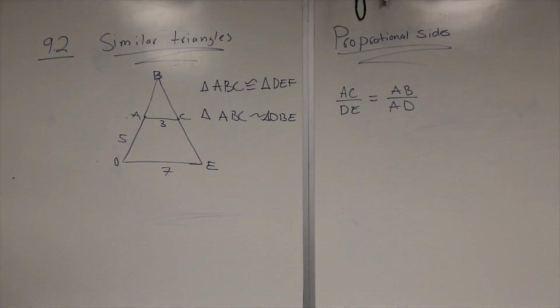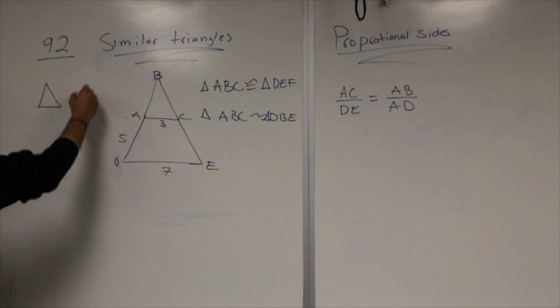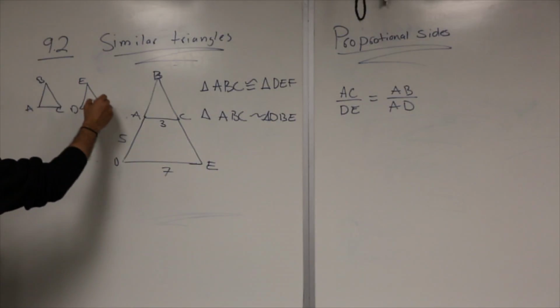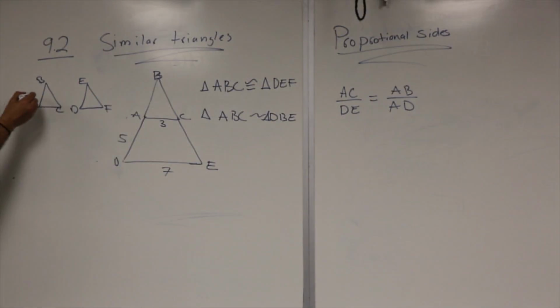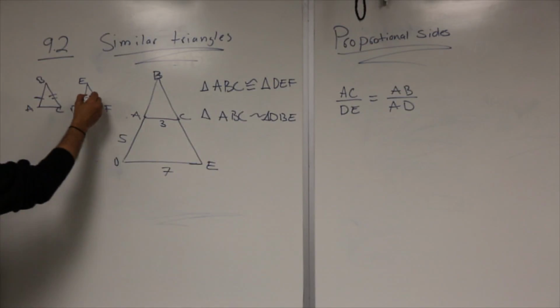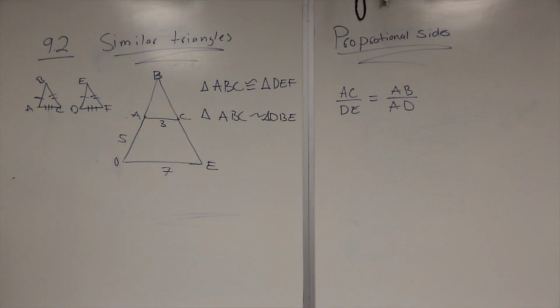Now, on this lesson you're about to do, they're going to ask you to write congruent sides. We all should know what congruent sides are. Now, if you don't, pay attention because this is review. Congruent sides. We know if we draw 2 triangles and label them A, B, C, D, E, F, that A and B and D and E are the same, B and C and E and F are the same, and A and C and D and F are the same.